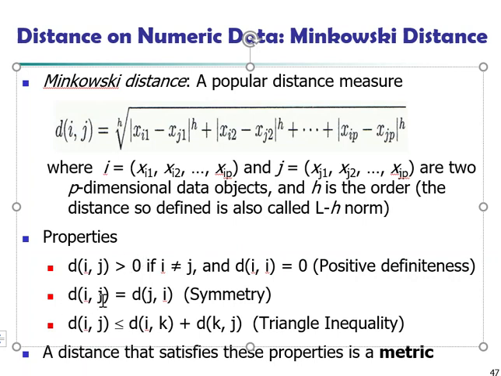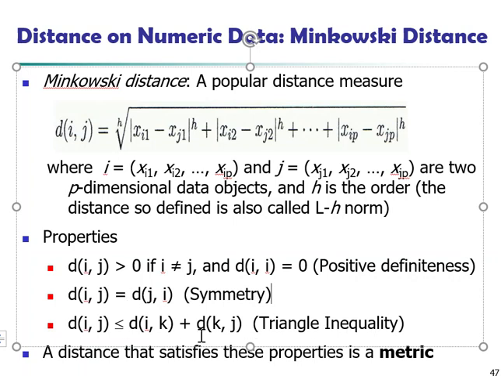And also, Minkowski distance is symmetrical. So the distance between i and j is the same as the distance between j and i. Not all distance measures used in machine learning actually have this property, but Minkowski does.